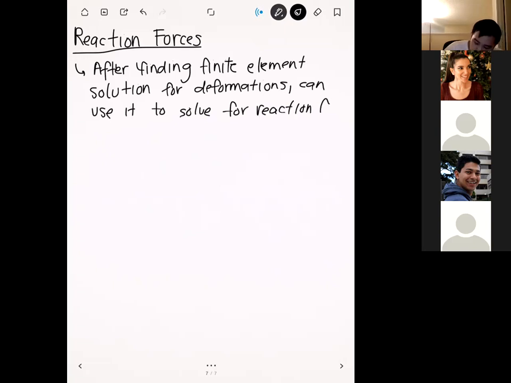This is basically exactly the same as what we did on Tuesday. If you remember, after we solved for the X and Y displacements at all the nodes in our truss, we plugged it back into our global stiffness system, before we applied the boundary conditions, in order to get the reaction forces.